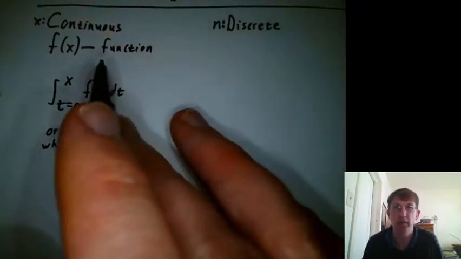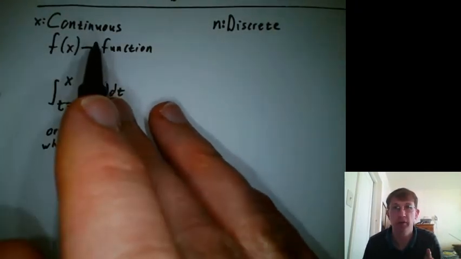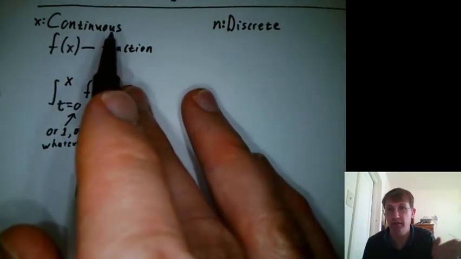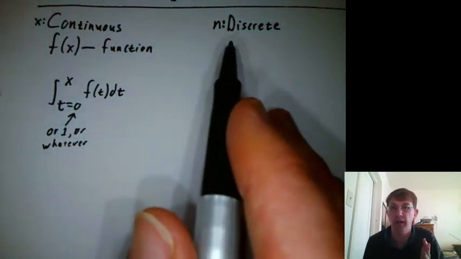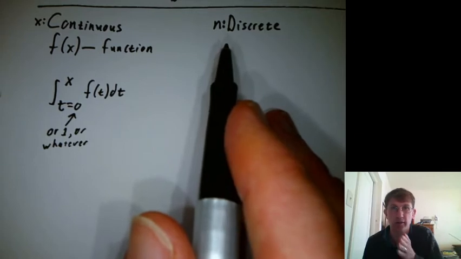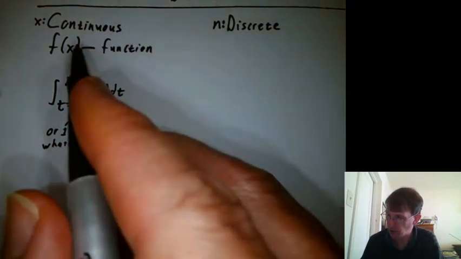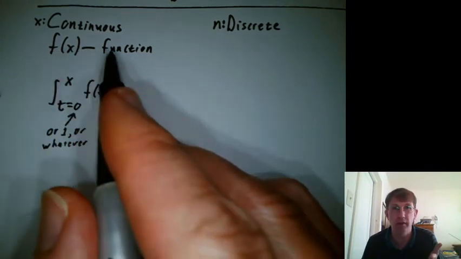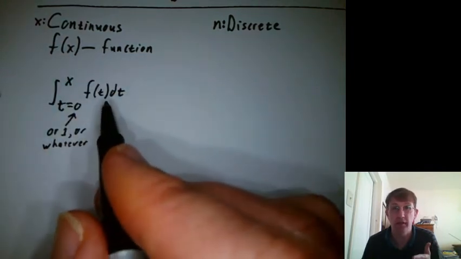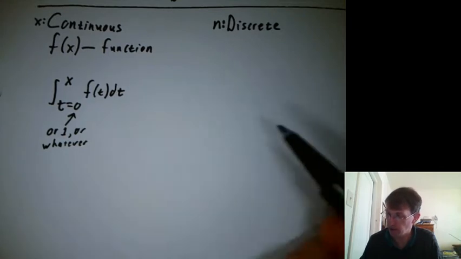So let's make a table making analogies between what we do when x is continuous, it changes continuously, and when n is discrete, going 1, 2, 3, 4, 5, with nothing in between 2 and 3, for example. So in continuous territory, we have our function, and then we take the integral of it, which is the cumulative area so far, right?